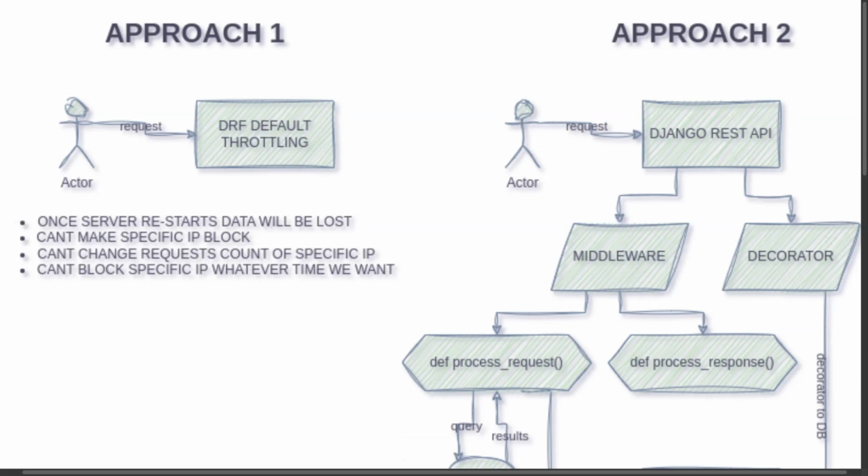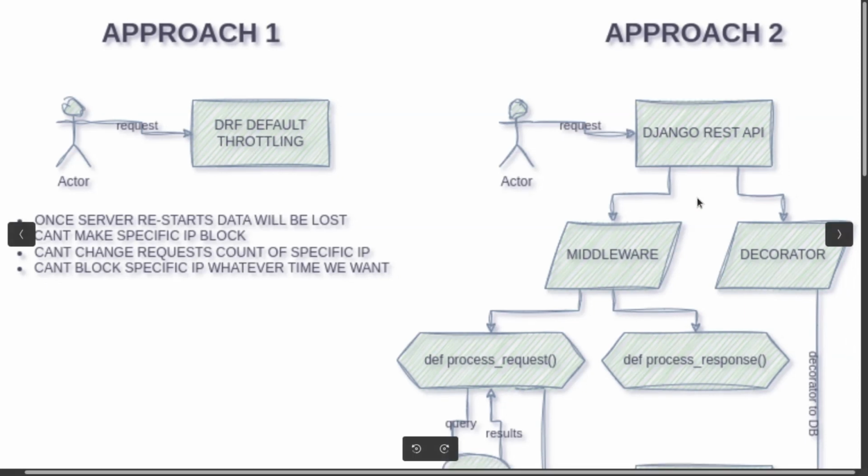Suppose I want to block the previous IP, 192.168.1.1, for 3 days only, I can't do that using the default throttling.